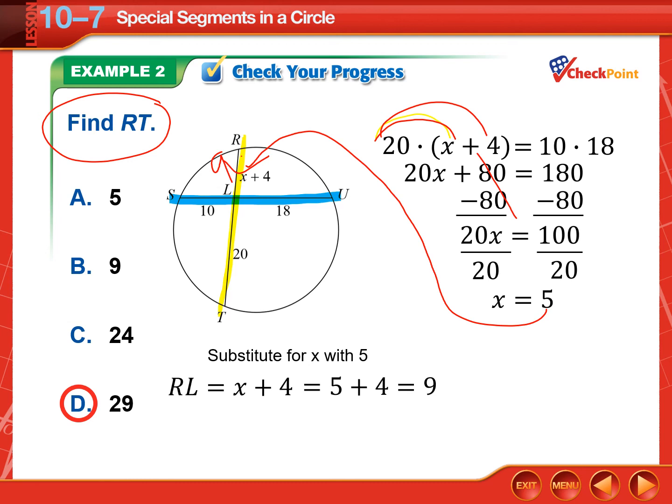And you're like, wait a minute, but the answer is not 9. The answer is 29. Well, where did that come from? They wanted the length of R all the way down to T. Well, if this we figured out is 9 and this is 20, that's where they got the 29. So there we go. So that is how you do it.